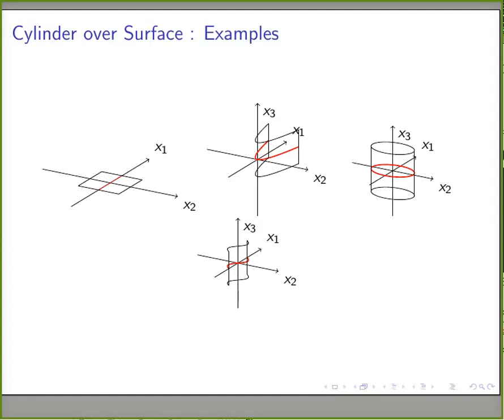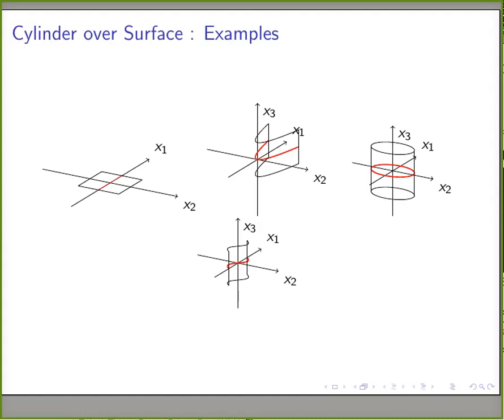Now coming to 4.5b, the question is to draw f inverse of c where f of x1, x2, x3 is x1 minus x2 square. Again, if you change f into g, the question is to draw g inverse of 0 where g of x1, x2, x3 is x1 minus x2 square. Then we have f of x1, x2 equal to x1 minus x2 square.